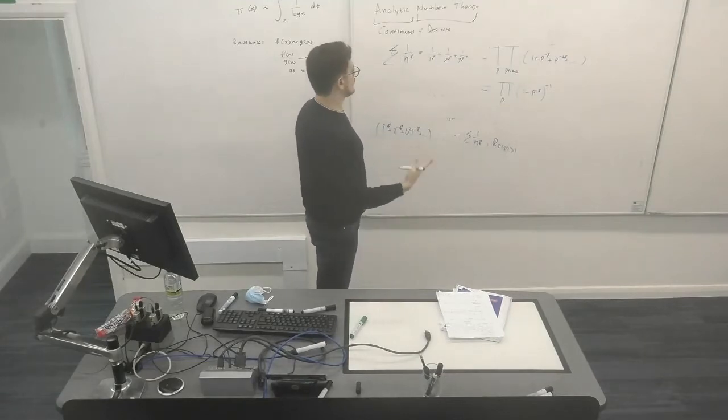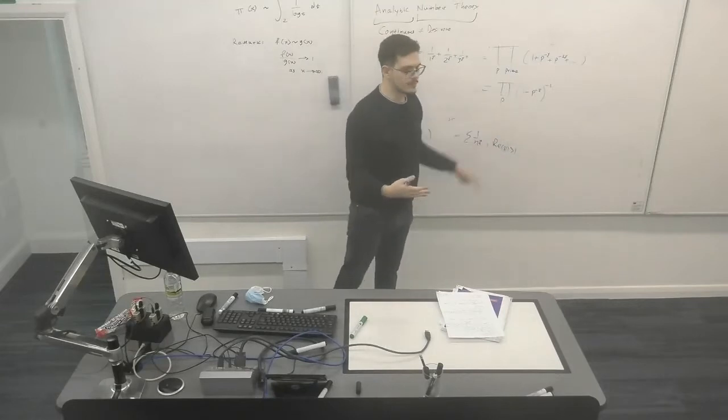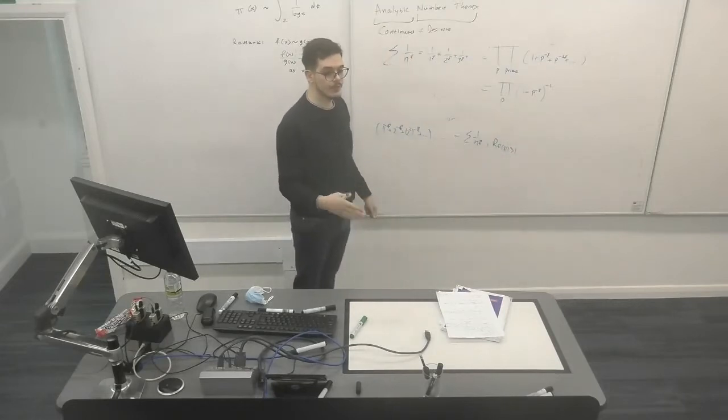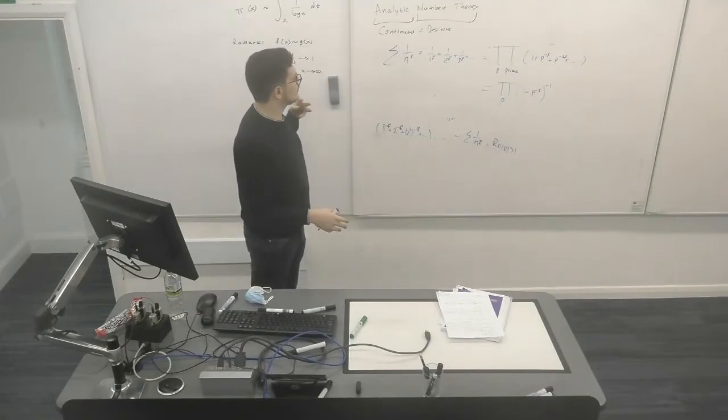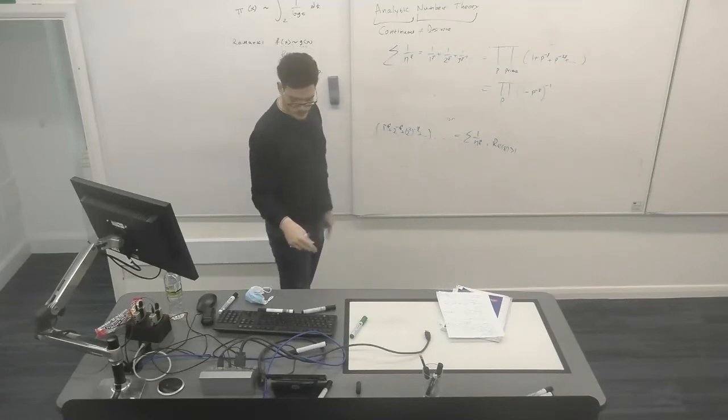And if you think about it, the fact that this thing can factorize like that is basically equivalent to the fundamental theorem of arithmetic. So this is a way to express the fundamental theorem of arithmetic in one single equation.